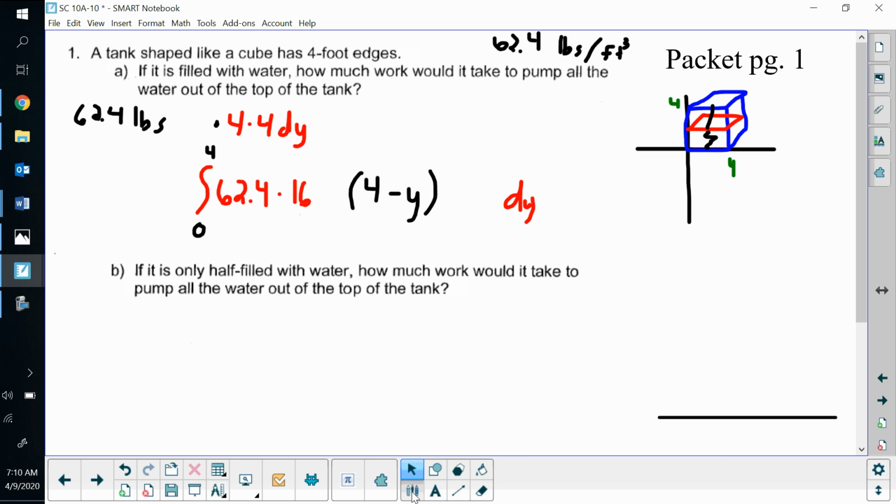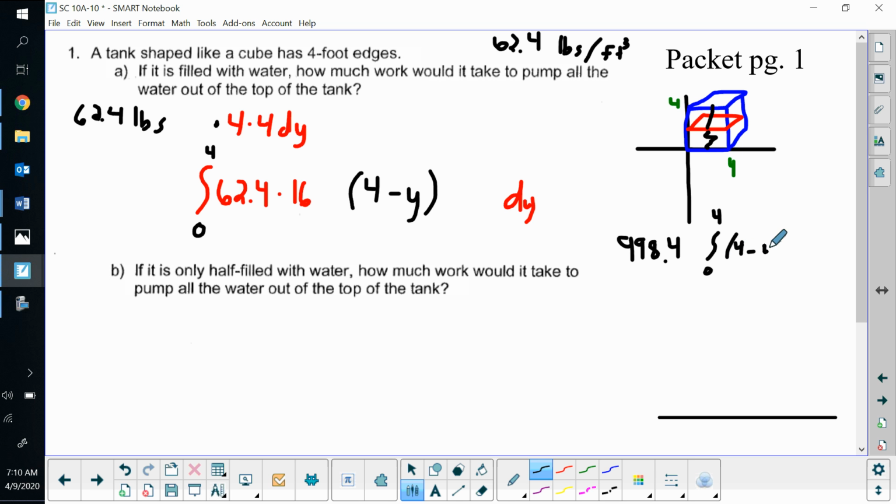Now we can pull the constants out front. 62.4 times 16 gives us 998.4. We're going from 0 to 4. All we're left with is 4 minus y dy.